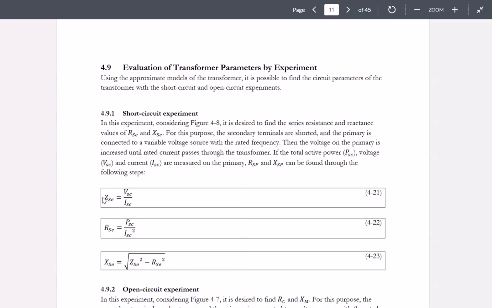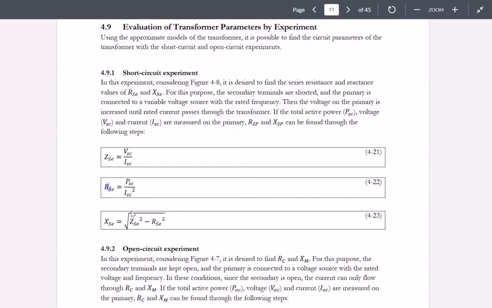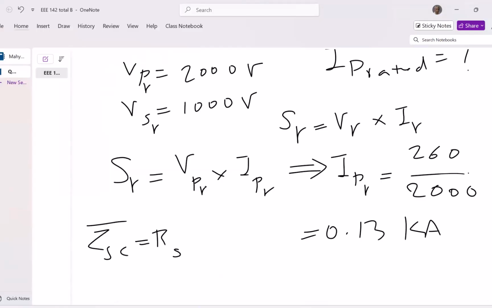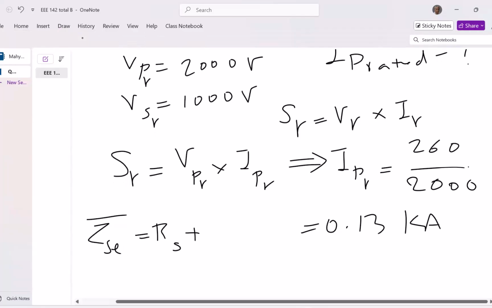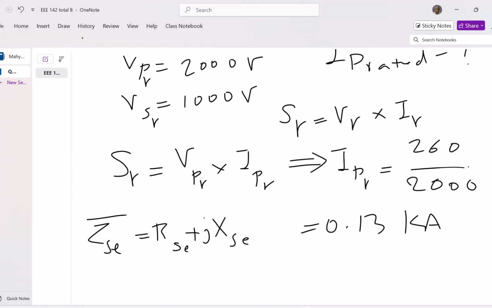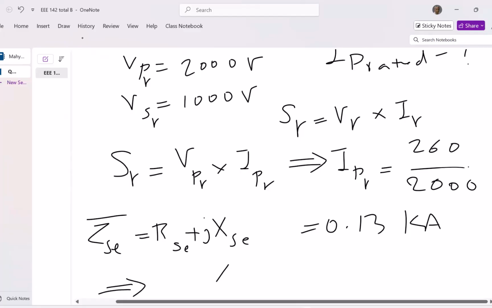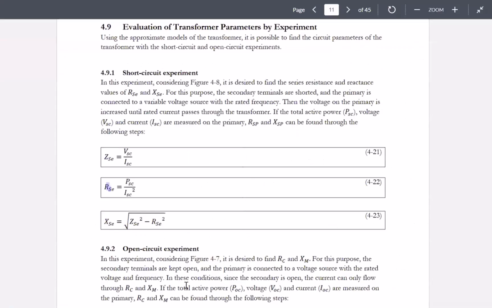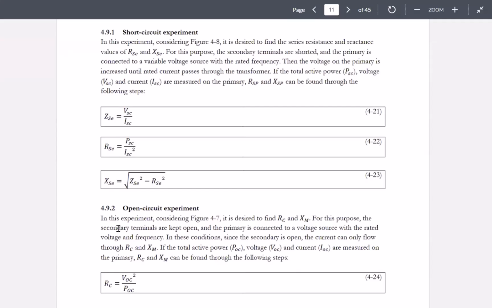So this gives you ZSE, this gives you RSE, but you're still required to find XSE, which would be the square root of ZSE squared minus RSE squared, because we know ZSE is RSE plus jXSE. So we can find XSE as the square root of ZSE squared minus RSE squared. So through three simple steps like this, you get the RSE and XSE values. This is called the short circuit experiment.